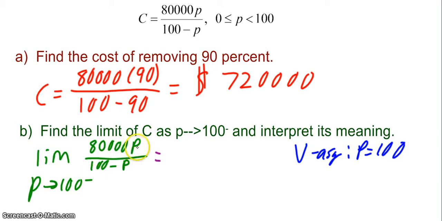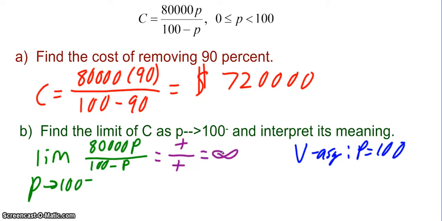So if I plug any number in close to 100 in the numerator, it's going to be a positive value. If I plug in something in the denominator that's a little bit less than 100, and as I keep getting closer to 100, the number gets smaller, but it still is always going to stay positive. So this is going to be infinity.